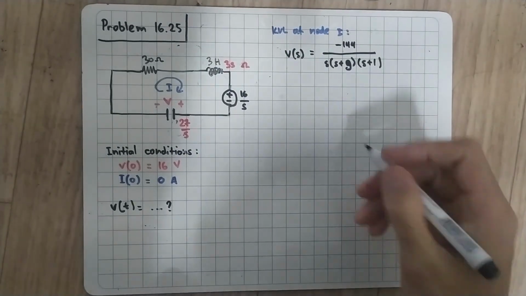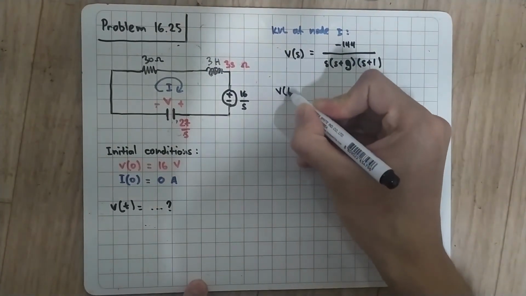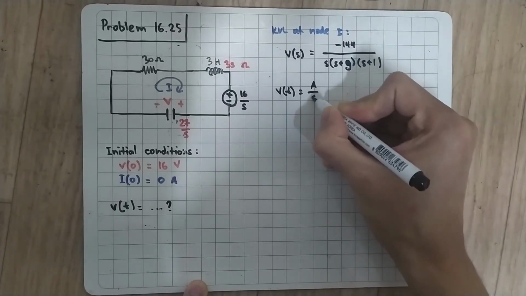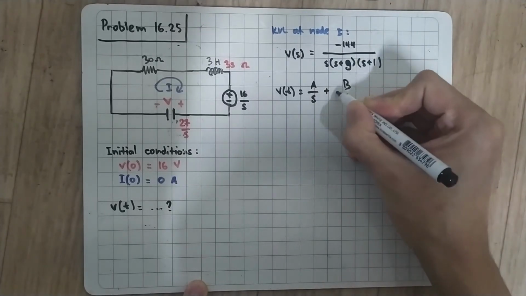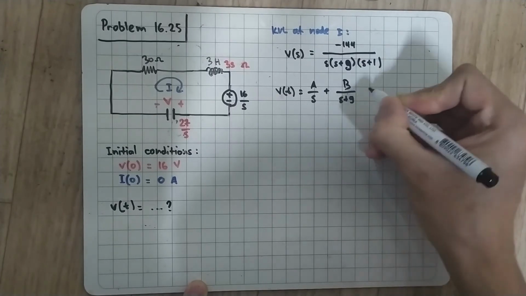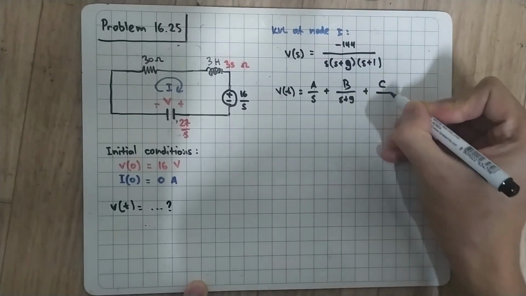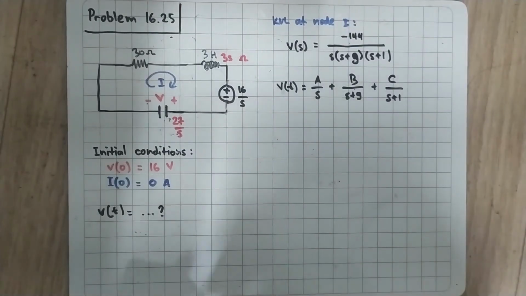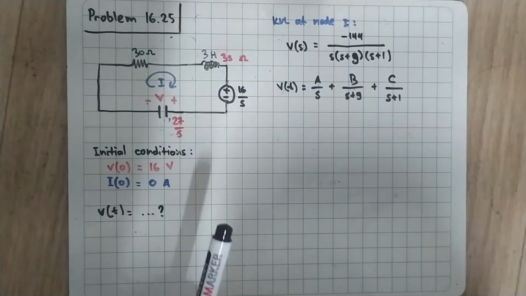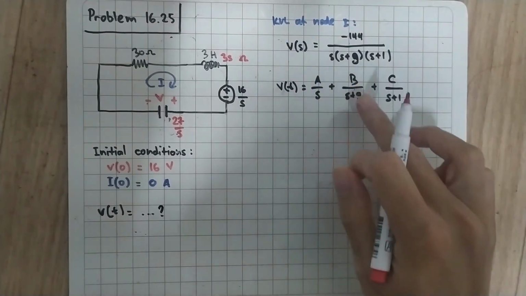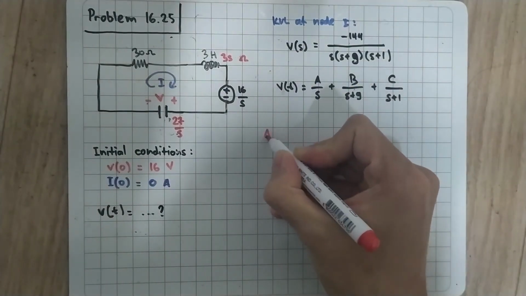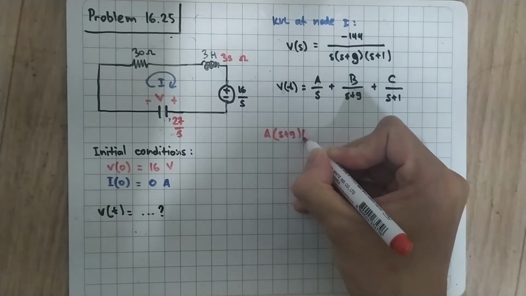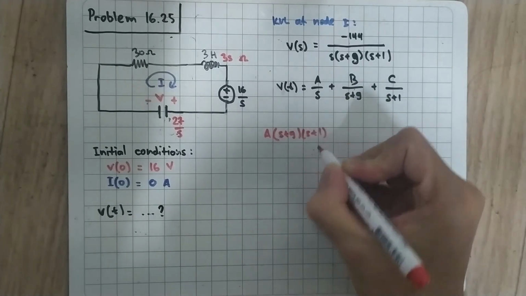Okay, now we need to do partial fraction, so I will make this as 3 separate fractions. I will have a over s plus b over s plus 9, and then c over s plus 1. Okay, let's do the calculation. So for a, I will need to multiply it by s plus 9 and s plus 1.